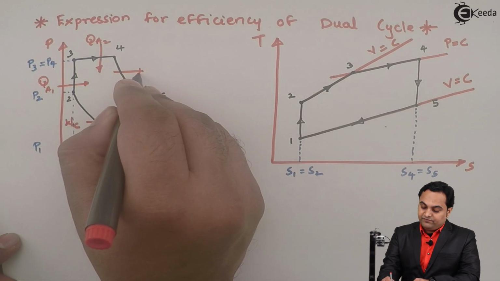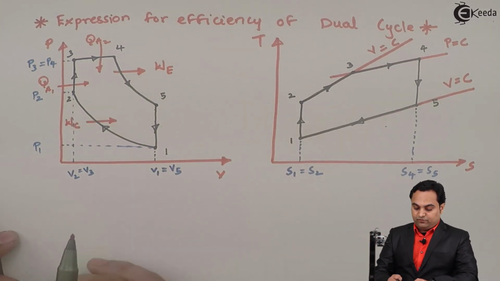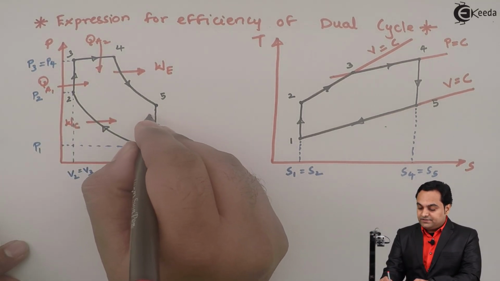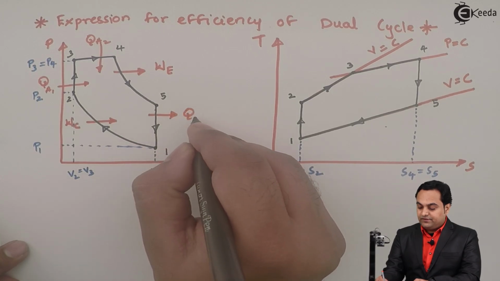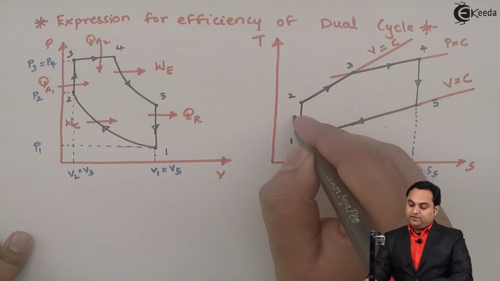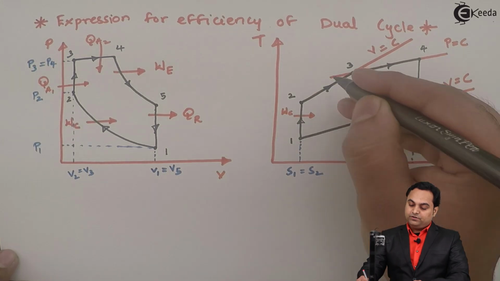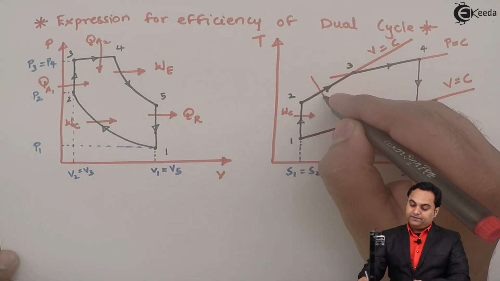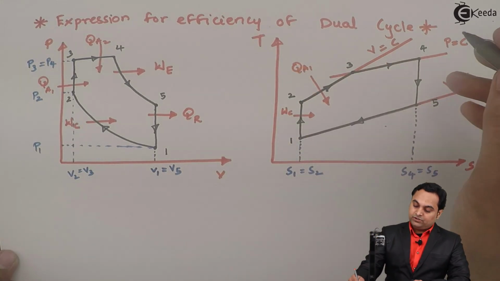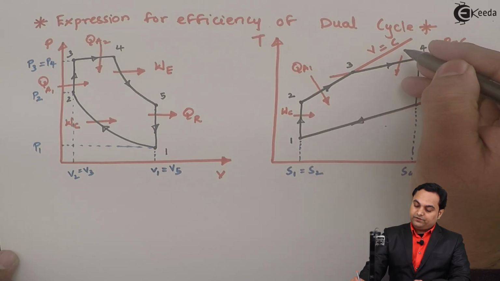Next from 4 to 5 we are getting work output, and it is the expansion process, so we are getting the work during expansion. Then 5 to 1, it is the heat rejection process, so that is QR, and it is at constant volume. Similarly here I'll mark the work we are doing in case of compression. From 2 to 3 the heat is added at constant volume, so it is QA1. Next from 3 to 4 the heat is added at constant pressure, so it is QA2.